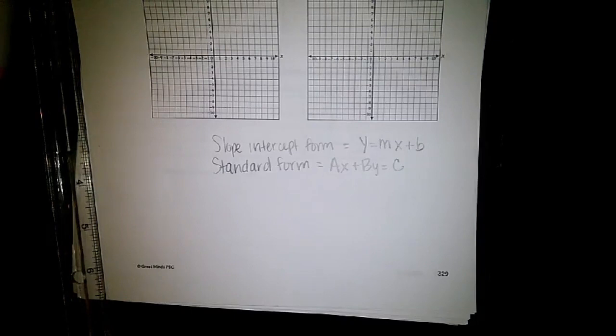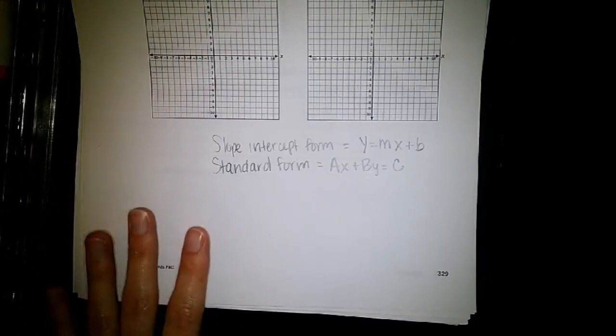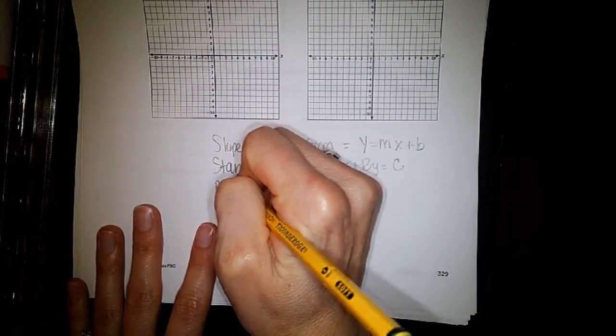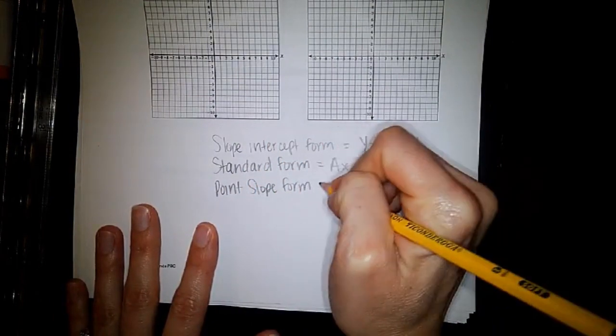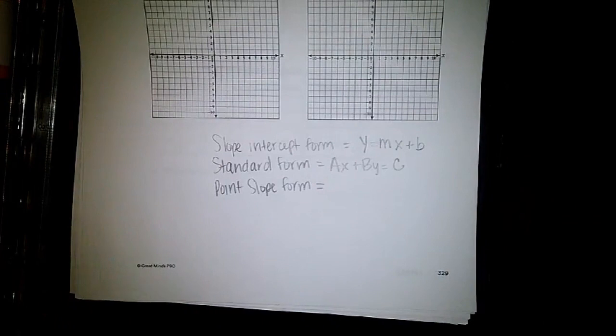And this is what we're going to do with point slope form. We're going to use point slope form to solve for y equals mx plus b. So when they give us an equation that is in point slope form, I'm going to show you how to solve to make it so it's y equals mx plus b.